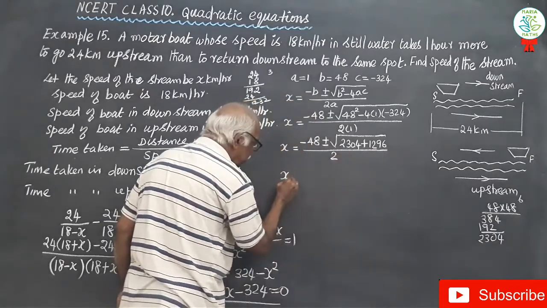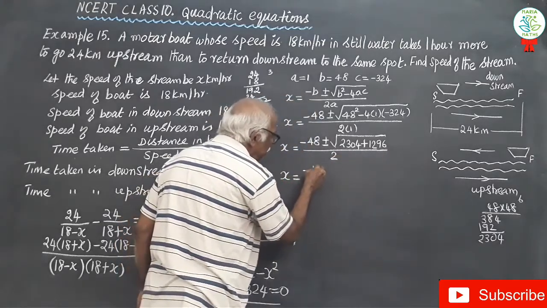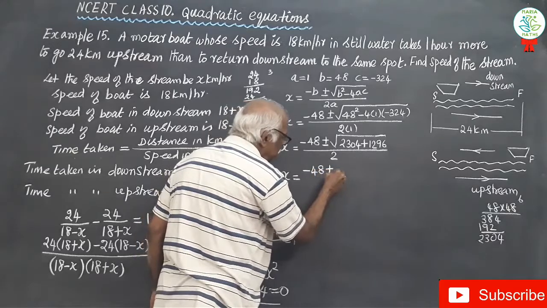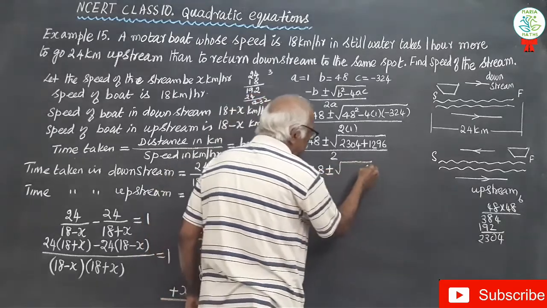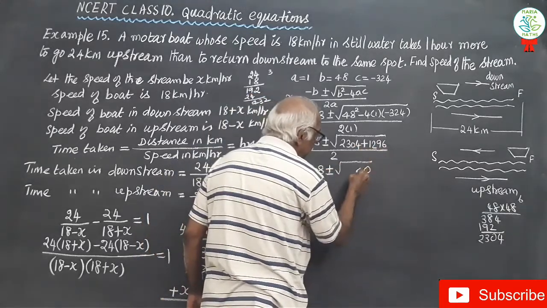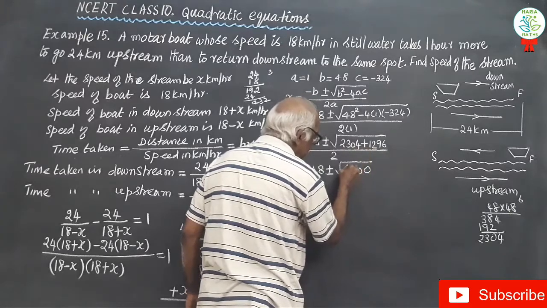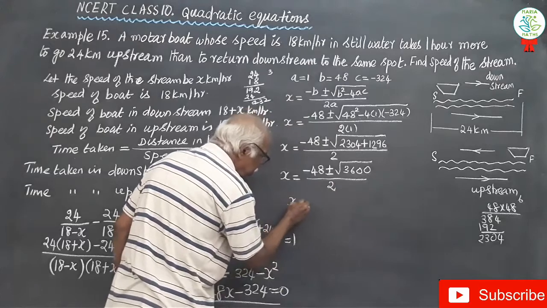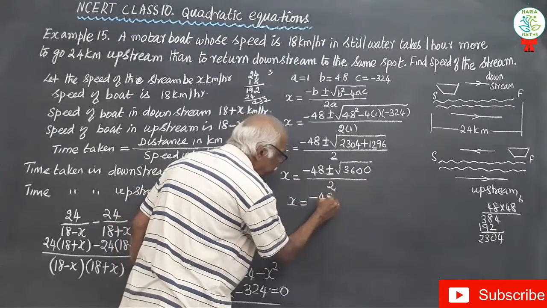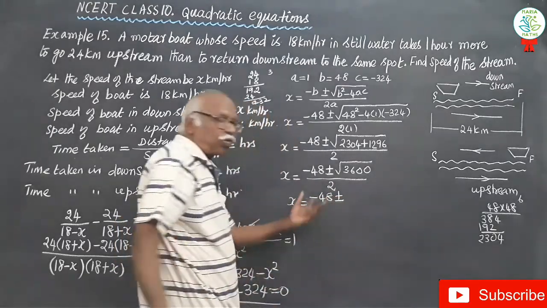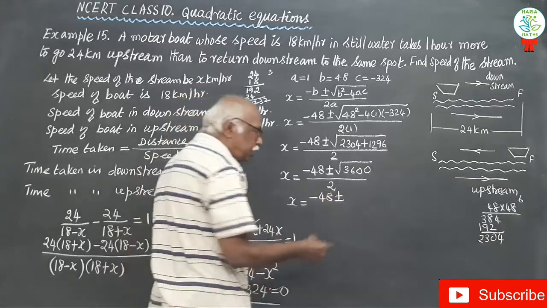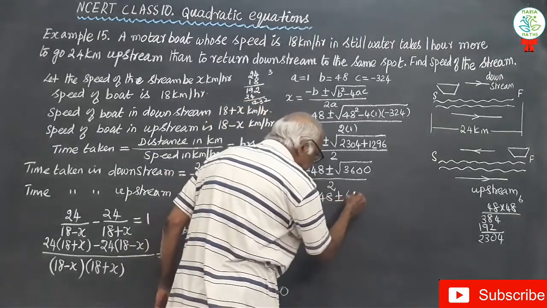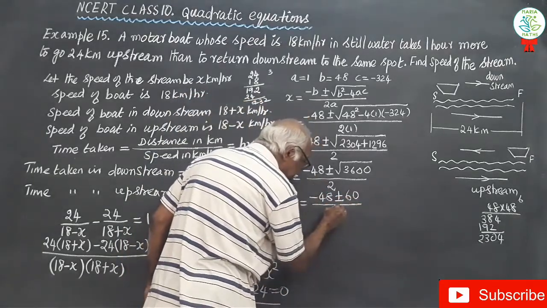So x is equal to minus 48 plus or minus square root of 3600 by 2. Therefore, x is equal to minus 48 plus or minus square root of 3600, which is 60, since 60 into 60 is 3600, by 2.